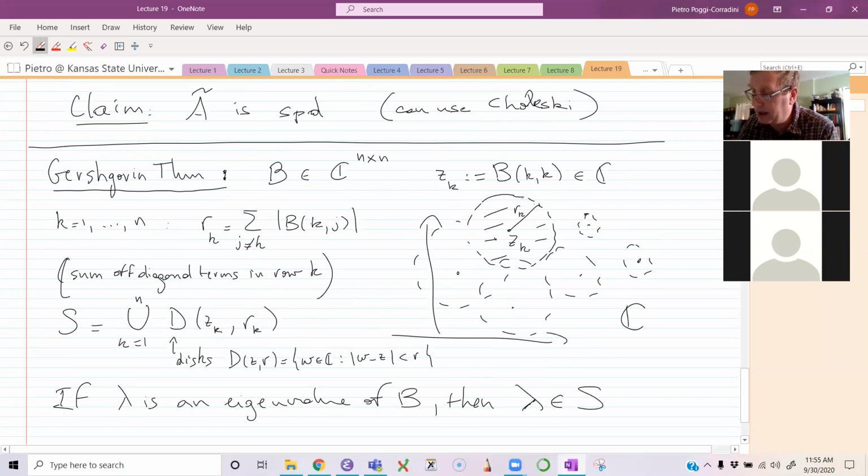In other words, these disks are going to cover the spectrum of B. Is the statement clear? Yeah.